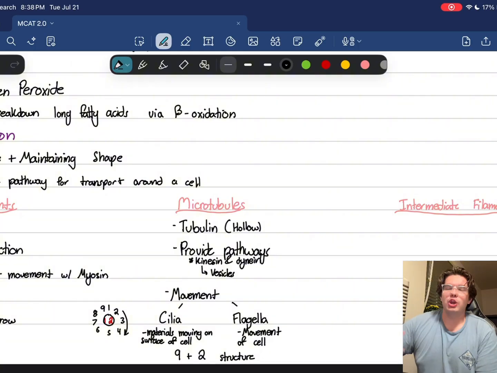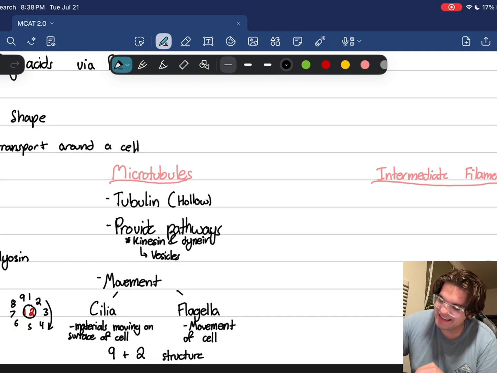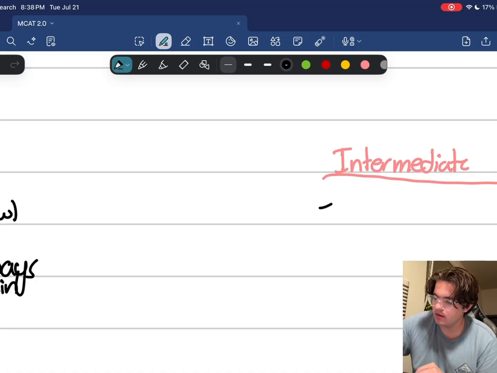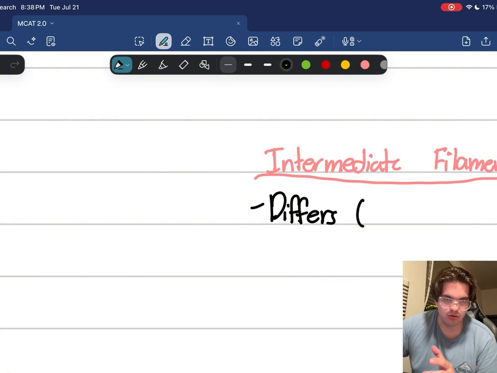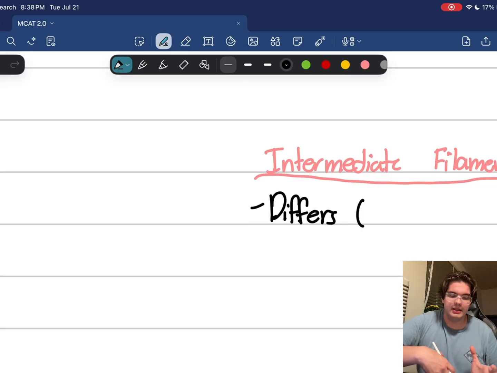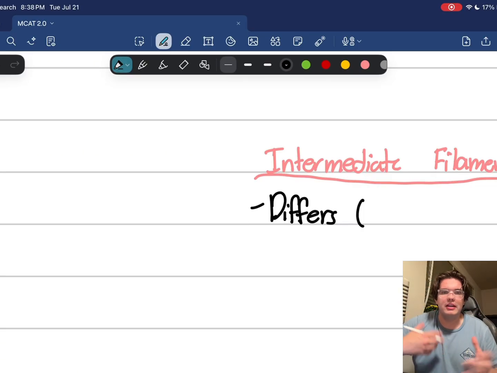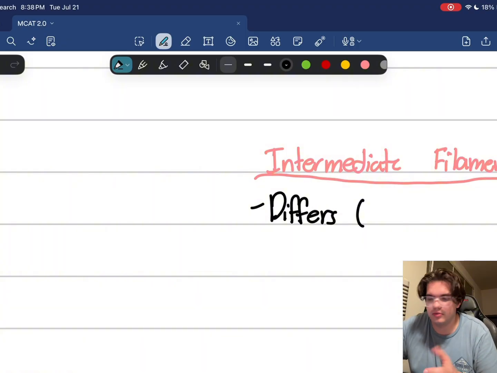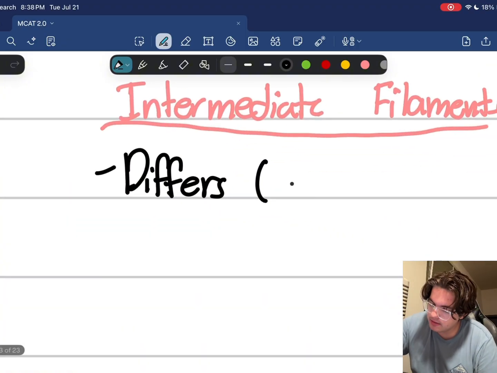And what they're made out of, because that's always what I'm going to talk about first, is different, right? It differs. It can be made of different things for different cells, different functions, whatever a cell specifically needs. This intermediate filament is going to be made of a certain different type of protein that is then going to change its function. You know, we're going to have keratin.